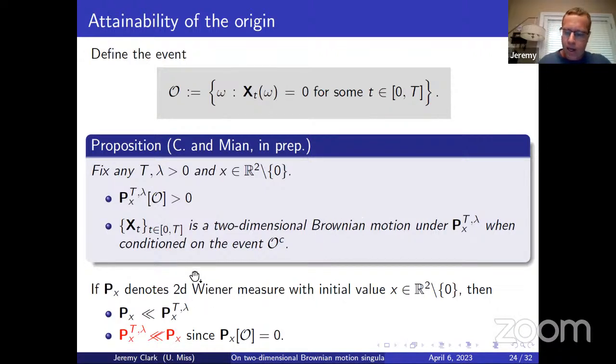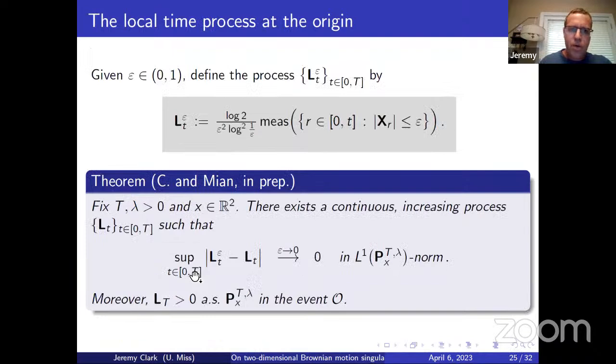All right, now I want to say a little bit about local time. We now have a process that, for some subtle reason, can actually visit zero, unlike two-dimensional Brownian motion. So this opens up the possibility that we study the local time in a similar way to what we did before.